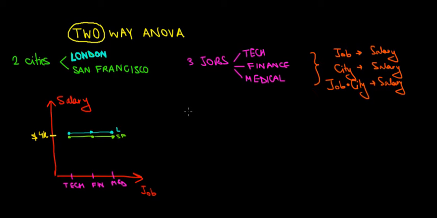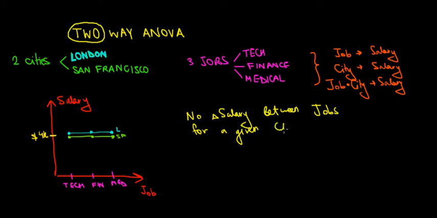So we have no difference in salary between the jobs for a given city. And it's important to say that it's for a given city, because we saw that this happens in San Francisco, and we can also see that the average salary is $4,000 between technology, finance and medical jobs also in London.